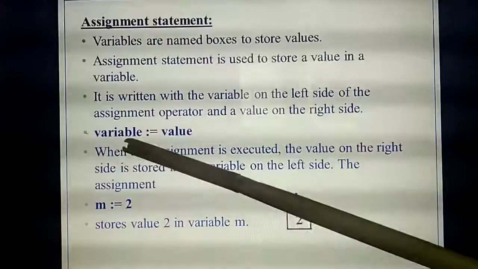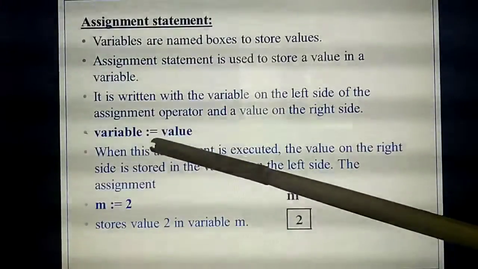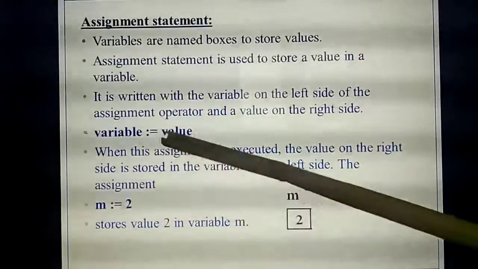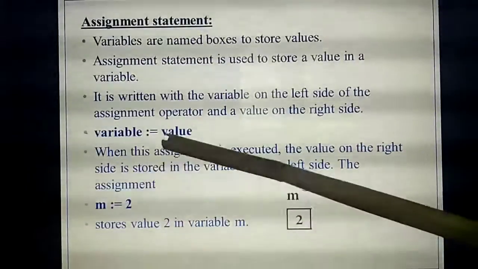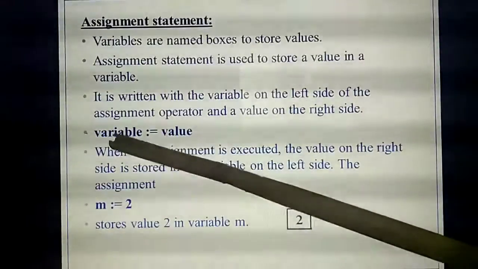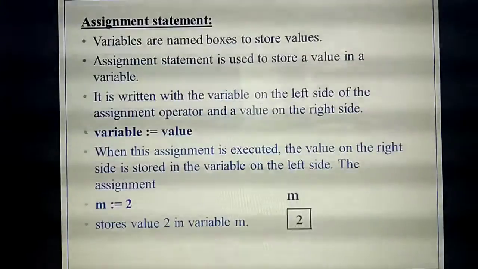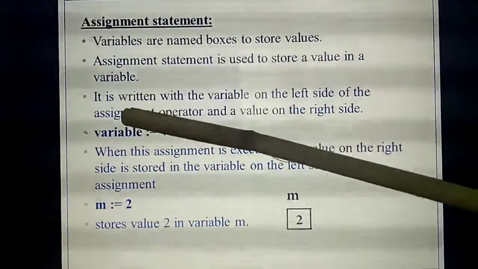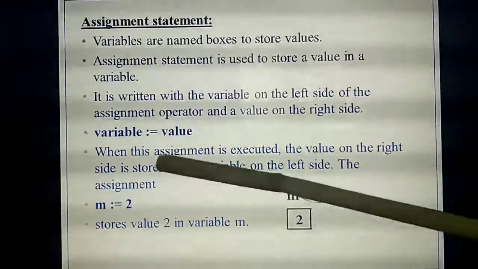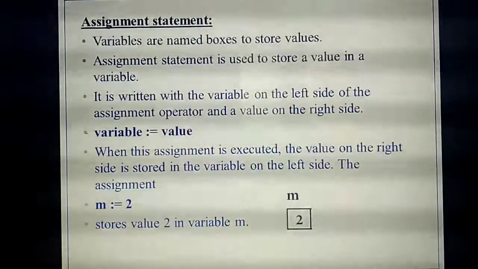First you give the variable, then the assignment operator equal to, then the value. Variable means A, B, C, D. The value means any one value. Likewise, A equal to 5, B equal to 10, C equal to 15. Understand? So when you are executing this, what value you give on the right side, that value is assigned to the variable.